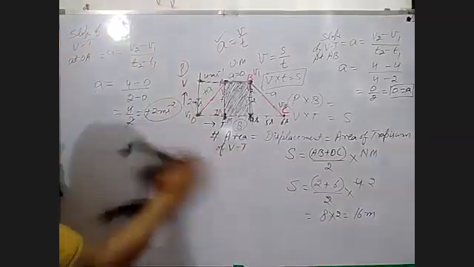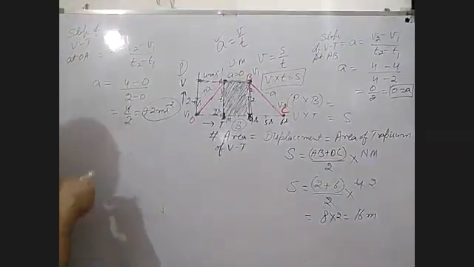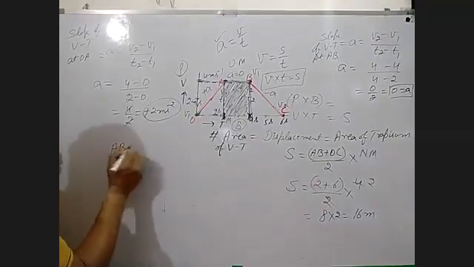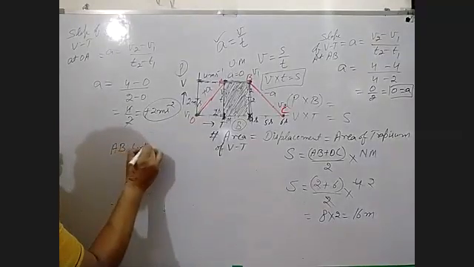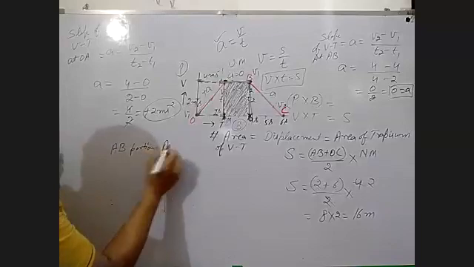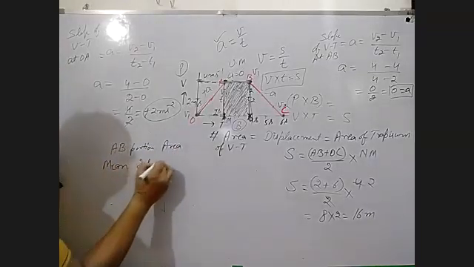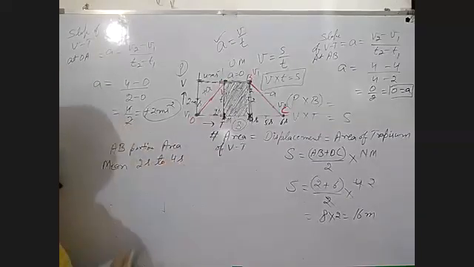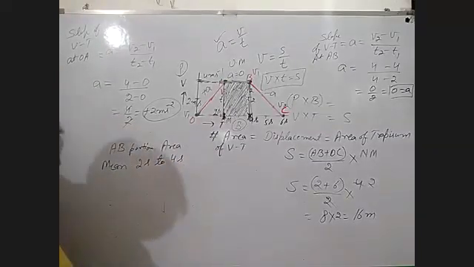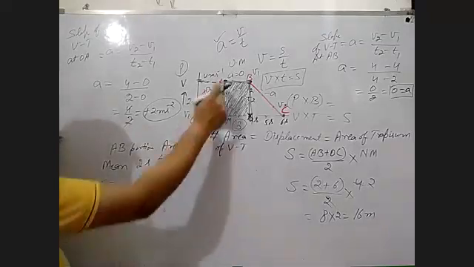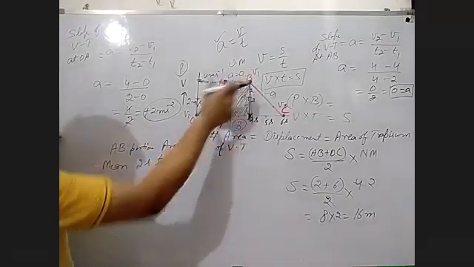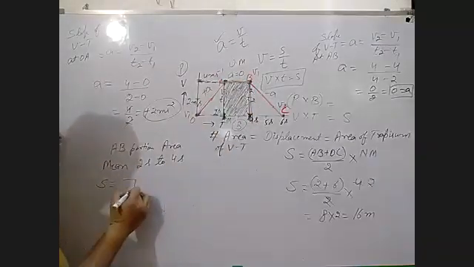The AB portion area means 2 seconds to 4 seconds. How much displacement is covered? Now this displacement can be calculated by the area under the curve AB, and this is a rectangle.